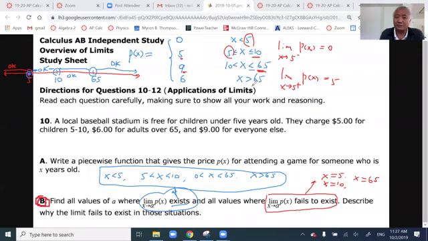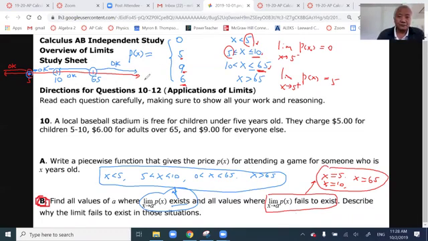But from the right side, like 65.5 years old, that kind of value will be 6. So all those 3 joints here, 5, 10, and 65, the limit fails to exist.